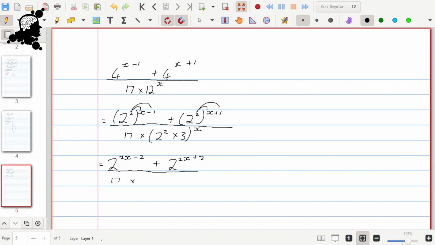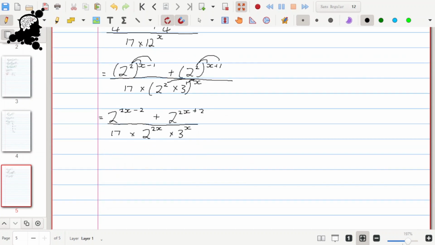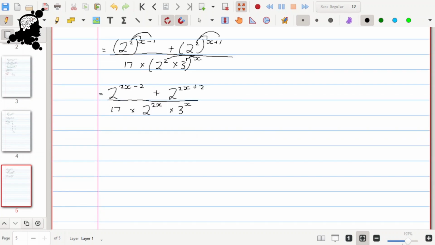Now, when I have a setup like the one I have here, I'm going to say 2 times x, and that's going to give me 2 to the power 2x. Now, the exponent of 3 is 1 here, so I'm going to say 1 times x. This is going to give me 3 to the power x. All right, we are done multiplying out the exponents.